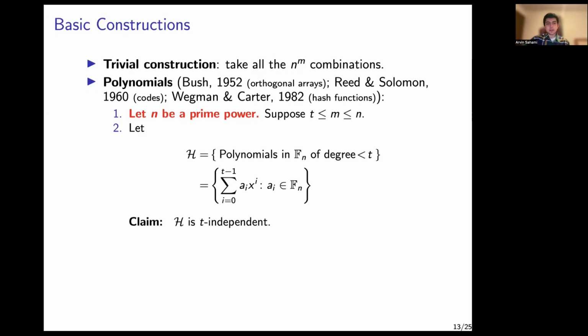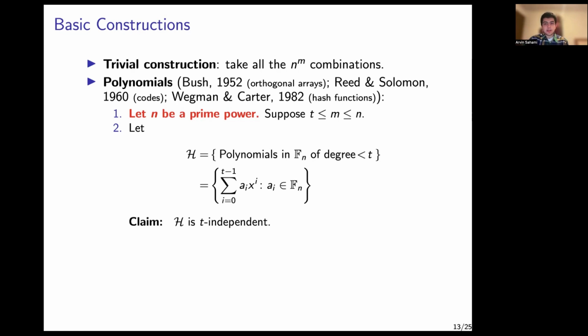So what is this construction? It also requires n to be a prime power, so the number of levels must be a prime power. Suppose t is at most m and m is at most n. Of course, t is always at most m, but this construction does require m to be at most n, and that's a significant thing about it.